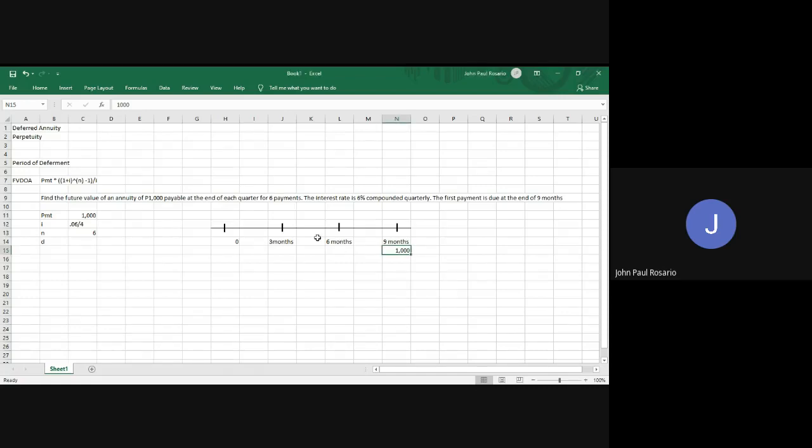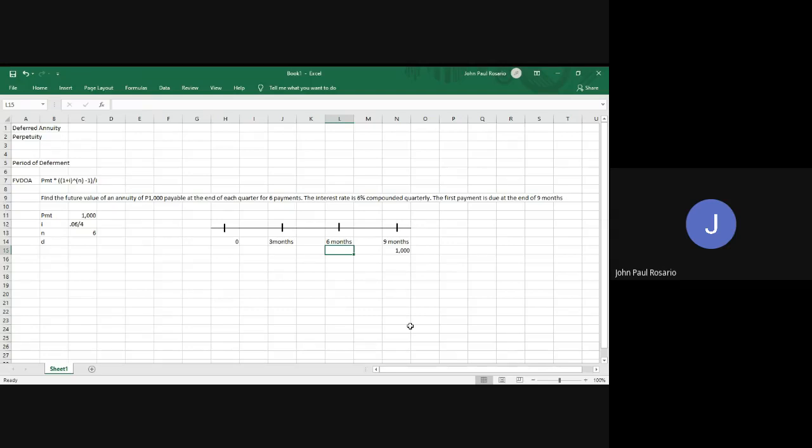Sige. Now this is future value of deferred ordinary annuity. So meaning the payments occur at the end of every period. So meaning the loan, or the annuity period actually started 3 months before the 9 months. So meaning, ang start sa loan is at the end of your 6th month.